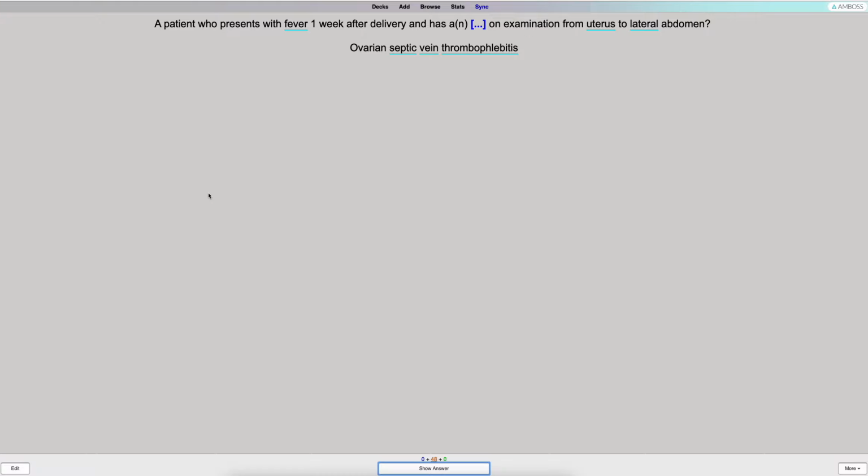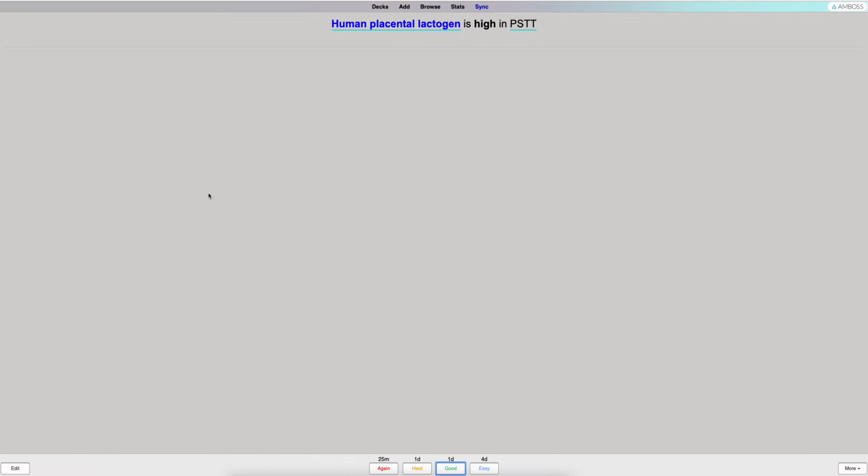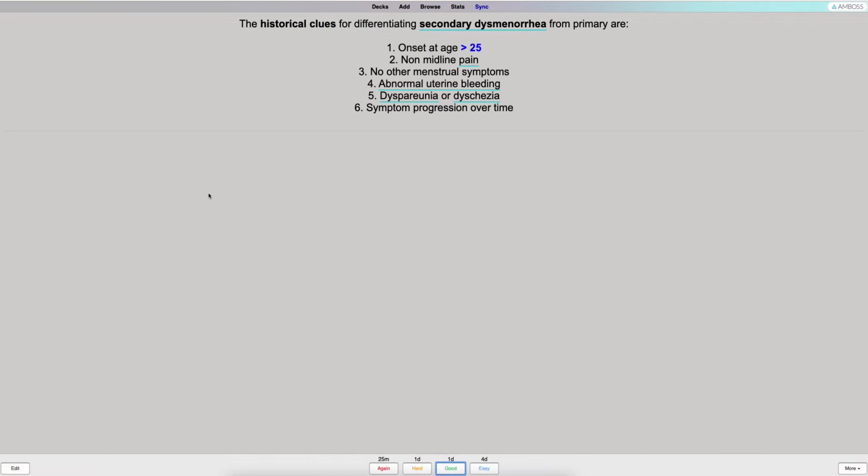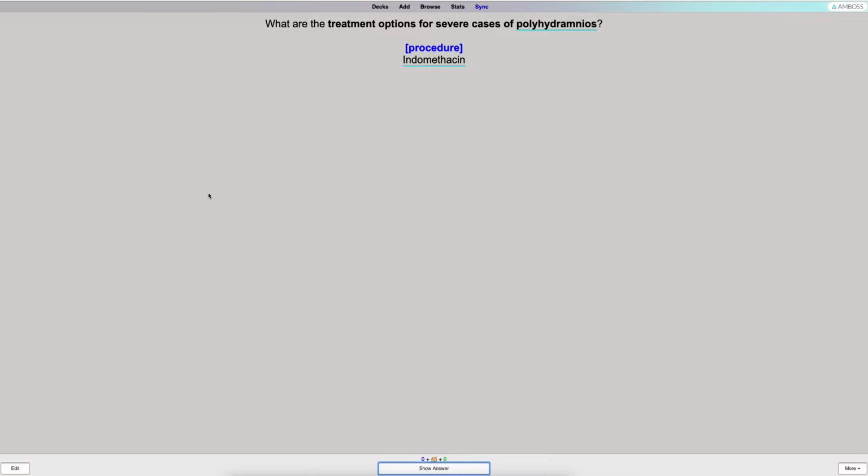Patient presents with fever 1 week after delivery. Treatment option for severe cases of polyhydramnios: amnioreduction.